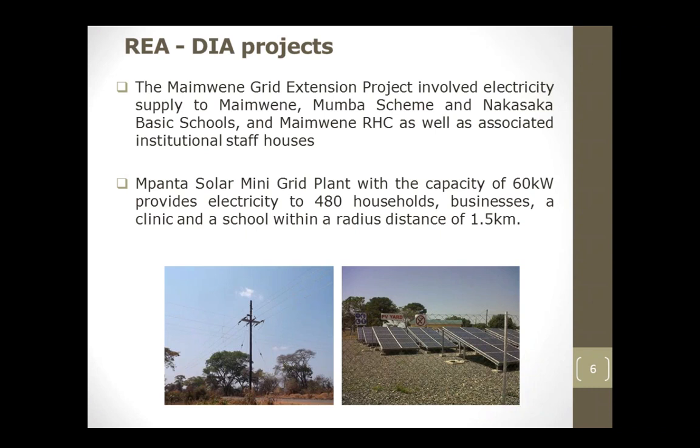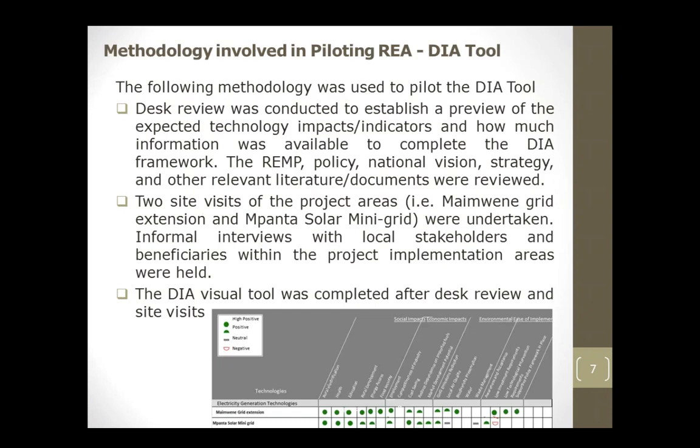Methodology involved in piloting the RIA DIA Visual 2. The methodology is as follows. A desk review was conducted to establish a preview of the expected technology impacts, indicators, and how much information was available to complete the DIA framework. The Rural Electrification Master Plan, the policy documents, national vision document, the strategy, and other relevant literature were reviewed.